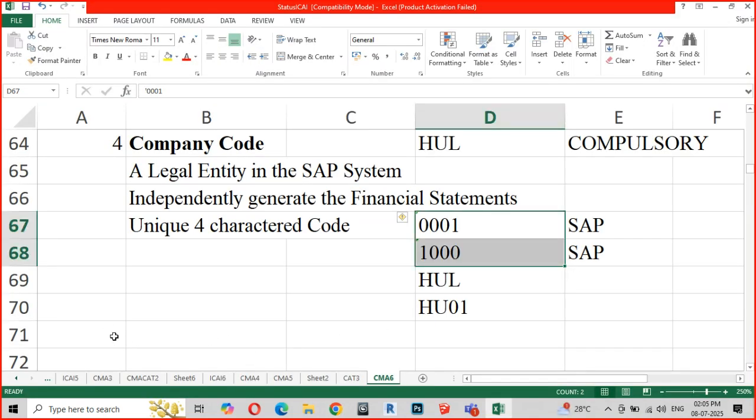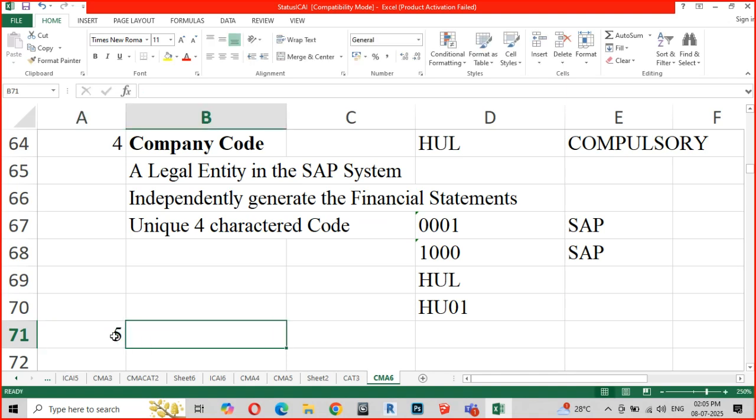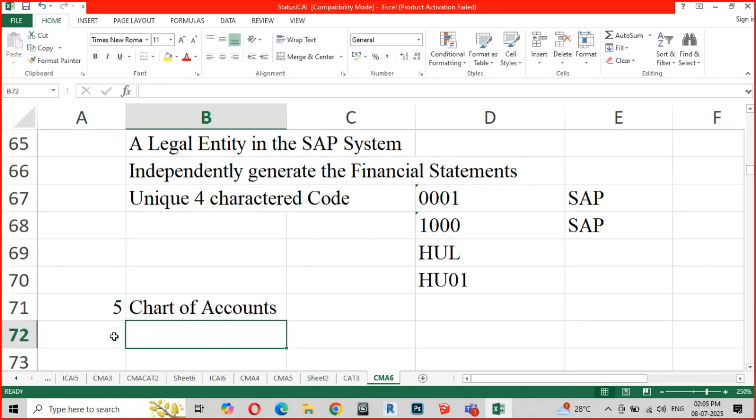So the next important thing we need to study is the chart of accounts.